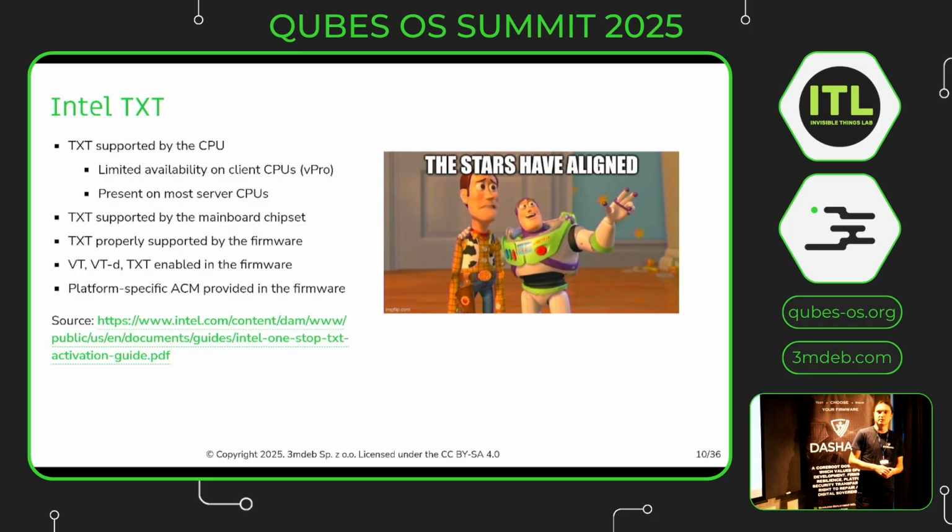For Intel TXT to work, we have to meet several requirements on the hardware level. It's not only one part, it's the whole platform that needs to meet those requirements. We have the CPU, which must be TXT capable. We have the chipset, which must be TXT capable as well. So we may often end up in a situation where the CPU is capable but the chipset is not, so the platform itself is not TXT capable.